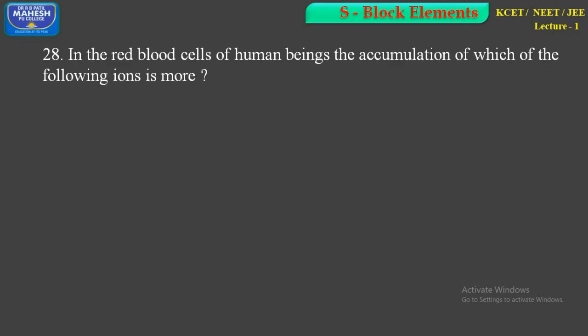Question 28. In the red blood cells of human beings, the accumulation of which of the following ions is more? Option A, potassium cation. Option B, sodium cation. Option C, cadmium cation.